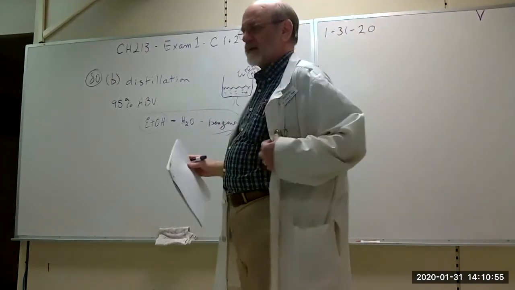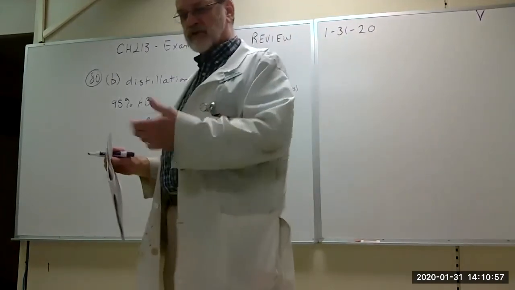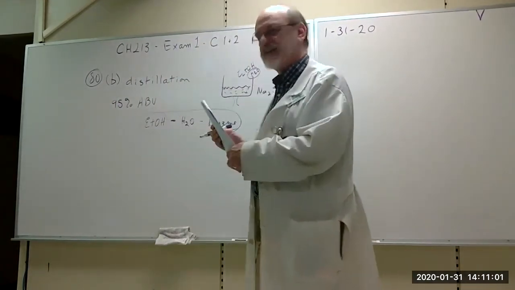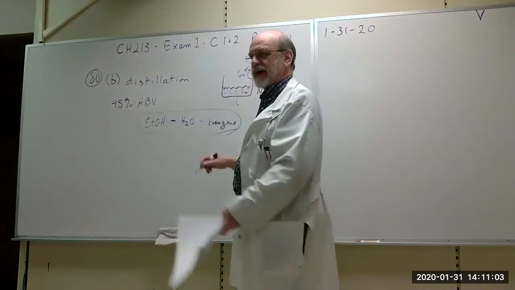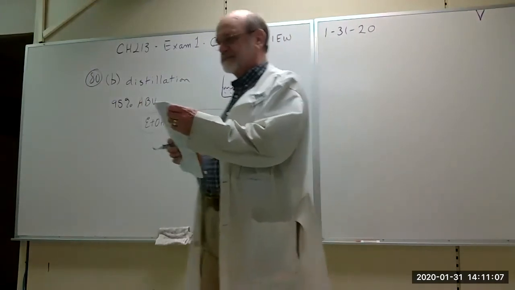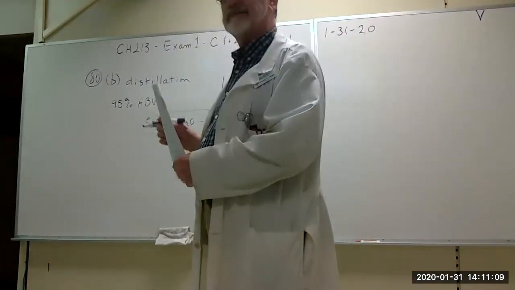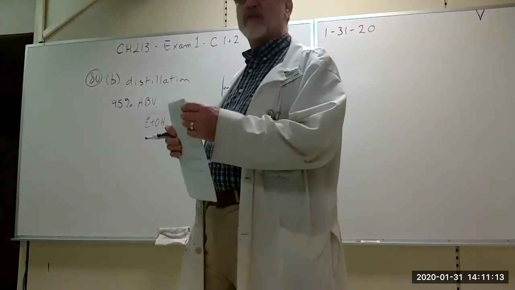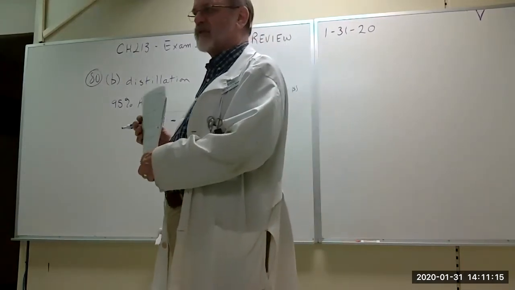I guess if you're going to make yourself a cocktail and you want to start off with pure ethanol, you can do that because you can make enough. But if you're a moonshiner, then that's no good. Of course, moonshiners don't make 100% ethanol. There's no value in that.